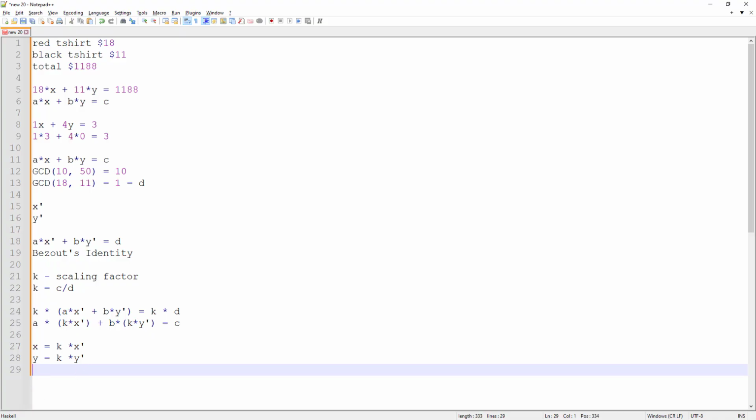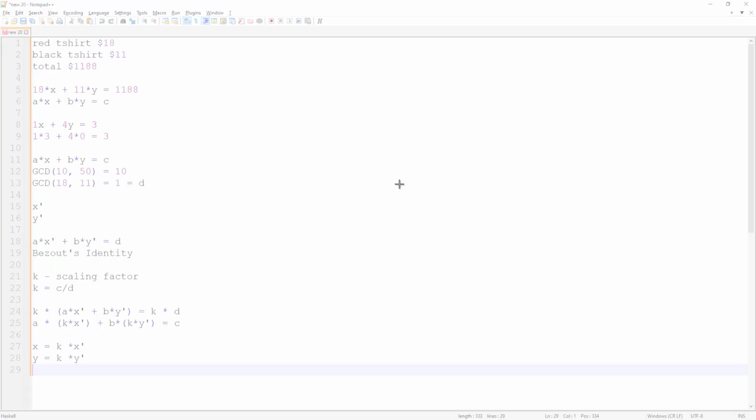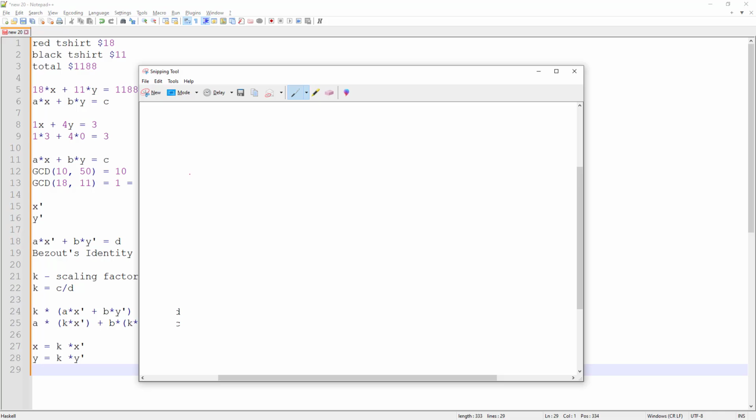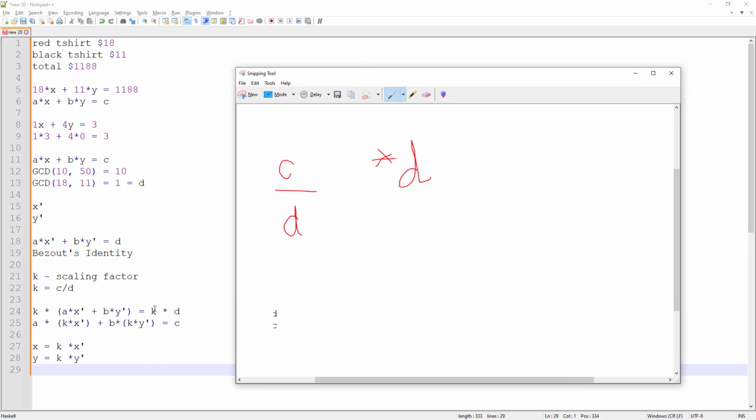Okay, probably it would have been easier if I had written it with the snipping tool. So it was something like c times d times d, and because c times d is what is k by design here, c times d equals k.